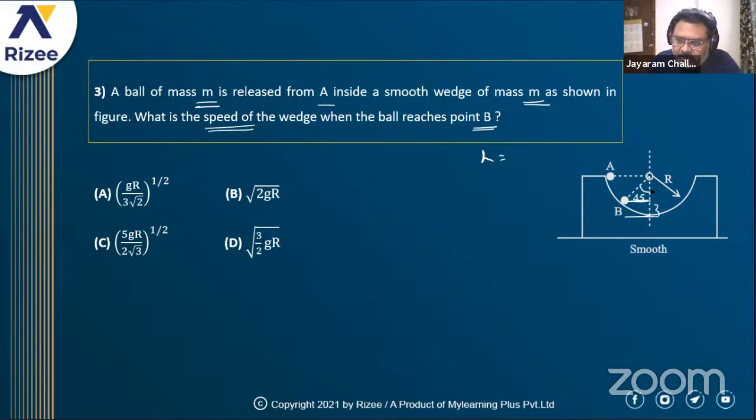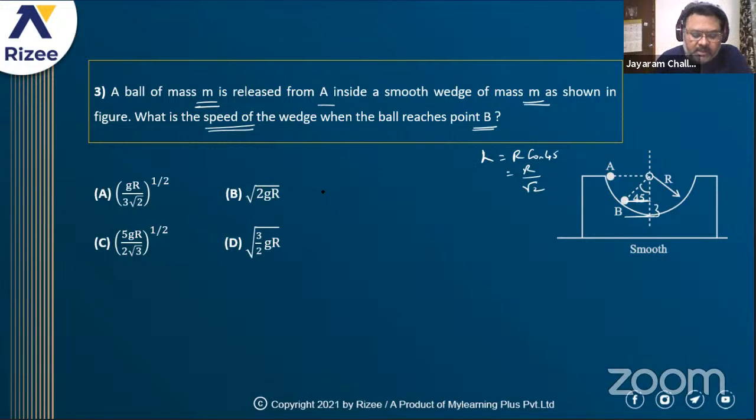From here if I write it as r minus r cos theta, or from the base you can directly take it as r cos 45 degrees, which is equal to r by root 2. In any way you can put it down, or else from the top it will be some other case.